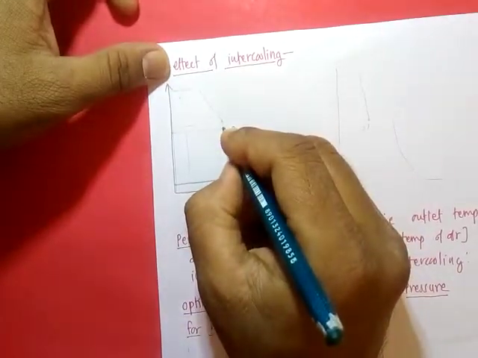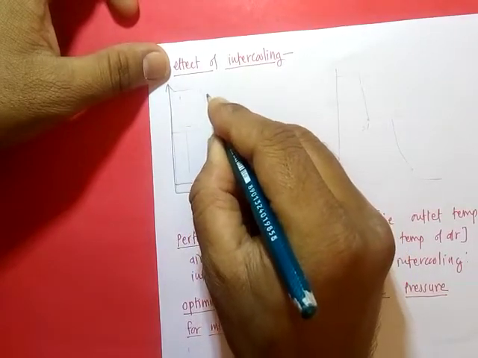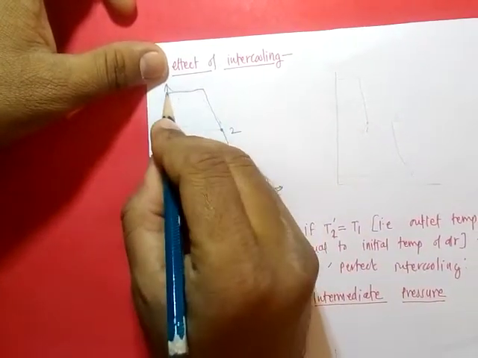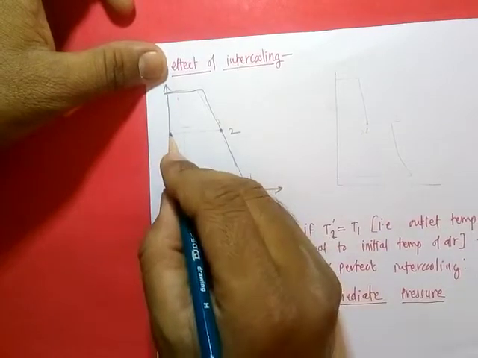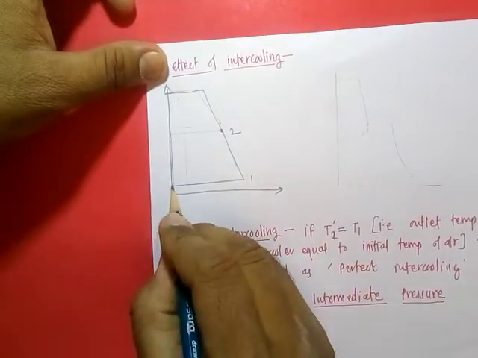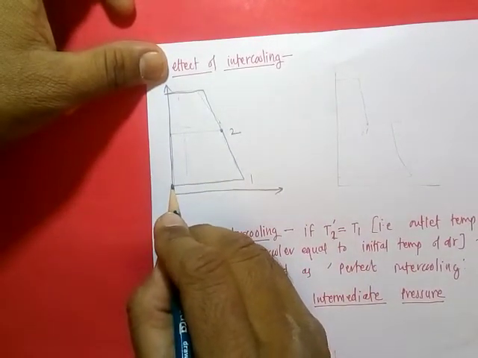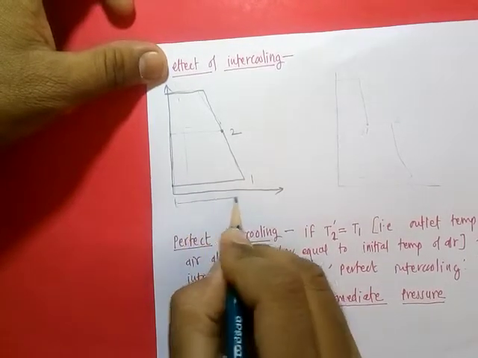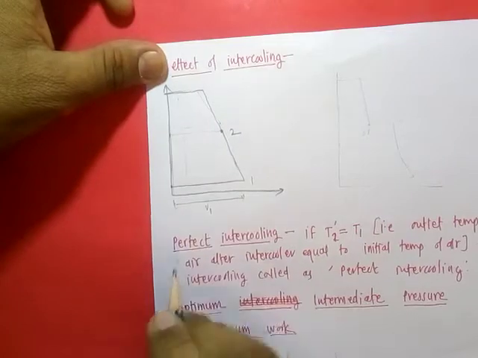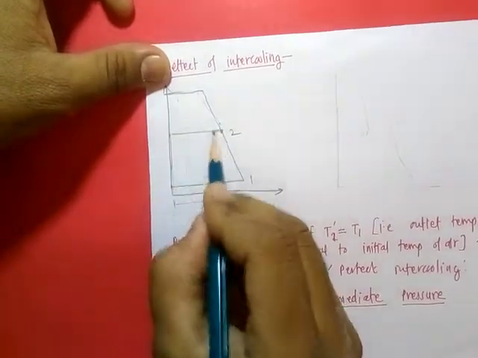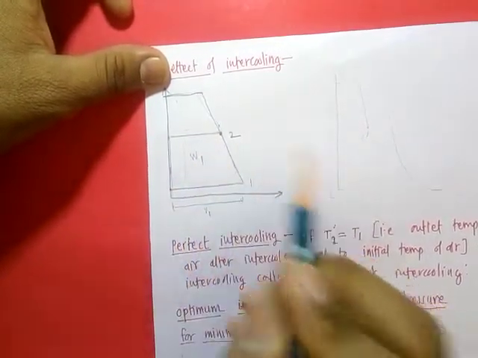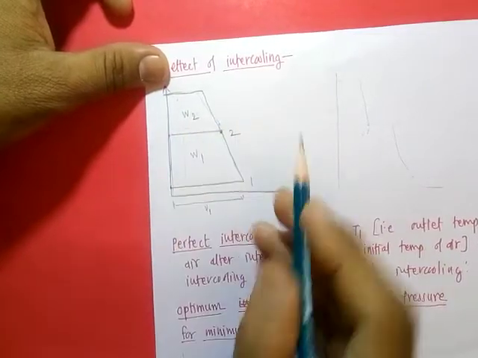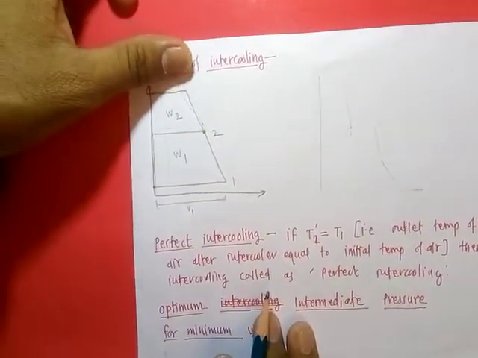Then from the same point it is compressed again to high pressure. Here the swept volume starts sucking air from this point. So total V1 is here Vs, as there is no clearance volume, and the work done is the work done in the first compressor plus the work done in the second compressor.